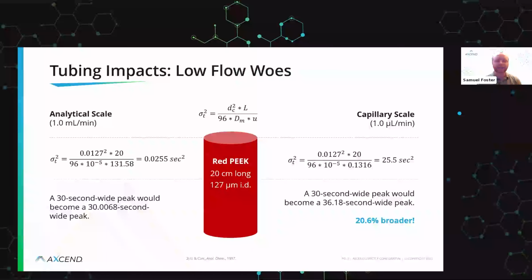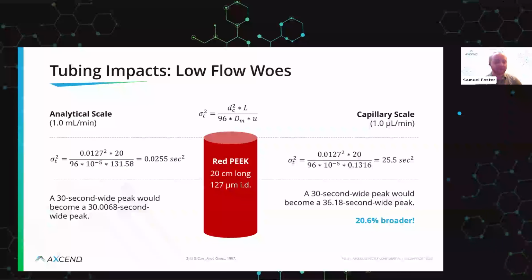If we had a peak that was 30 seconds wide on the analytical scale, that tubing run at a milliliter a minute would add about 0.006 seconds to the width of that peak. So a very, very negligible amount, because when you're going through that tubing, you're going through quickly and it doesn't necessarily have time to experience the diffusion and the broadening.